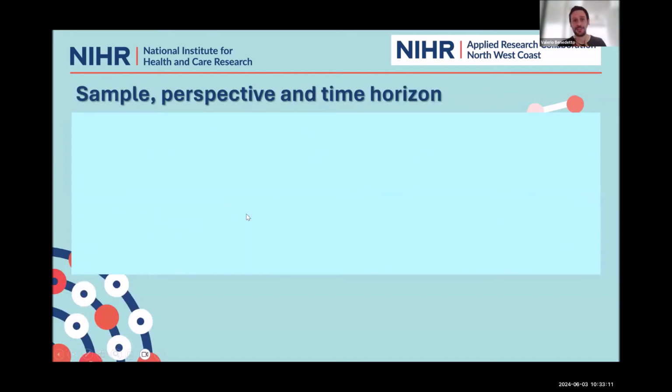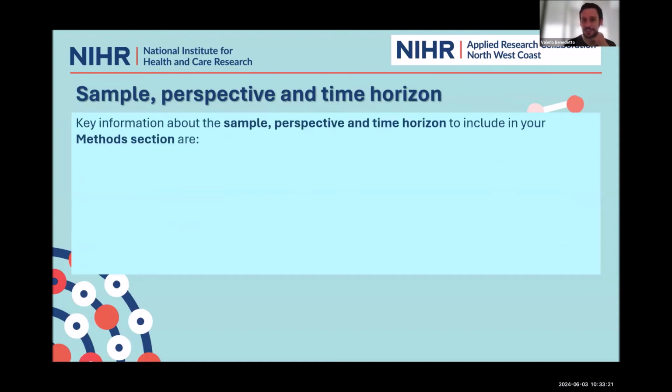Okay, I'll talk briefly about other elements of the analytical approach. I'll take these elements all together because I think they're quite straightforward. So we talk about the sample, the perspective, and the time horizon. The key information we need to include about the sample is the type of participants involved and the size of the sample. So again, the sample differs a bit from the population. The population is, for example, people with stroke, dementia, and so on.